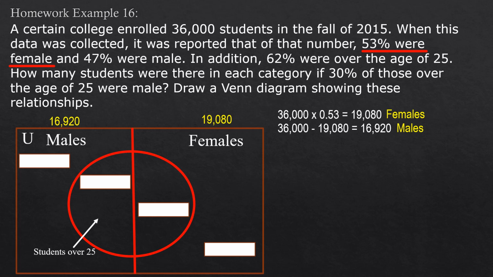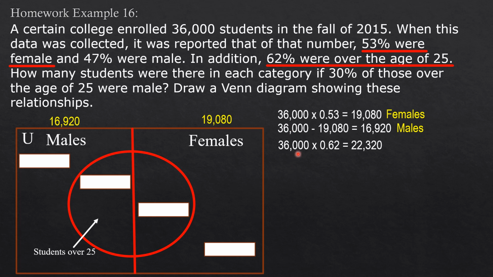So that knocks out the information 53% and this 47%. But that gives me a good bit. In addition, 62% were over the age of 25. Let's do the same thing and figure out what number we're looking at. So I'm going to take 36,000 and figure out what is 62%.